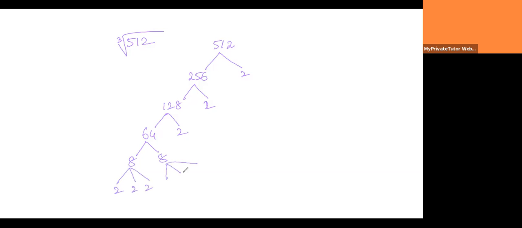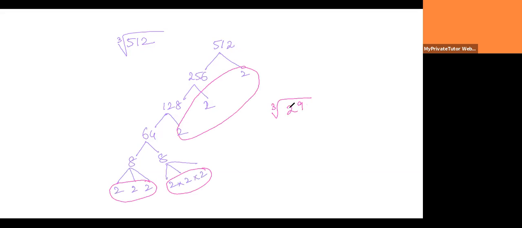Now just check how many 2s we have. This is 3, 3, 3. So we got 9. So 2 power 9. Cube root of 2 power 9. So 2 power.